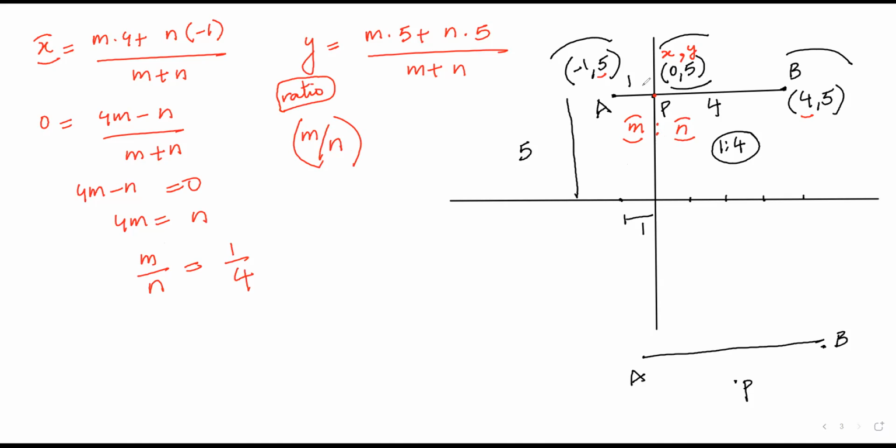And we already know that m by n is equal to 1 by 4. 1 is to 4 is same as 1 by 4.